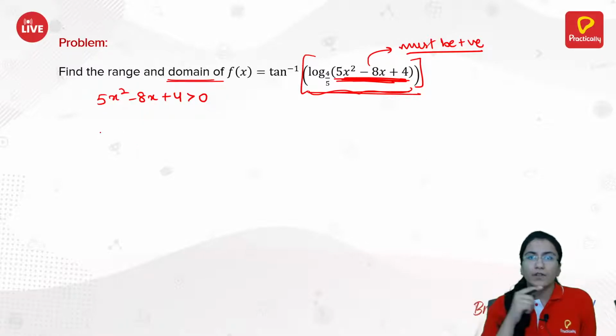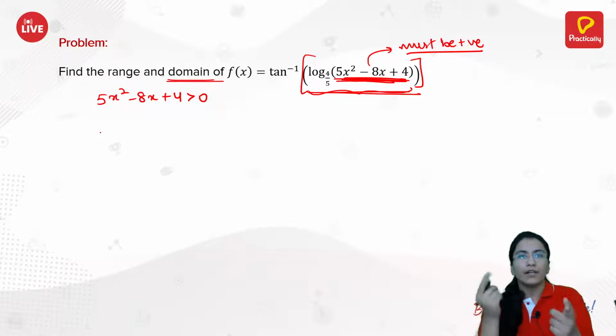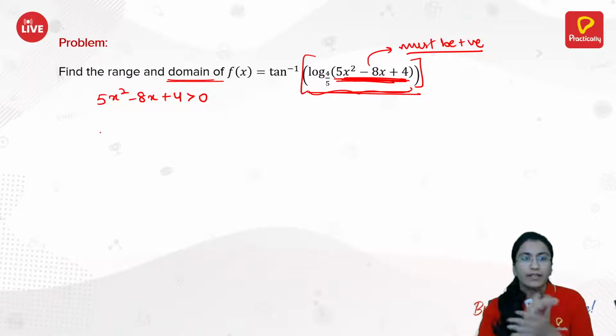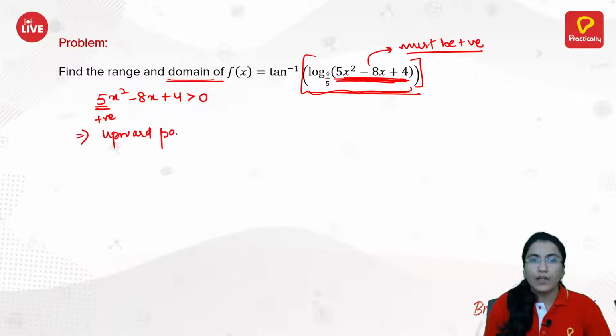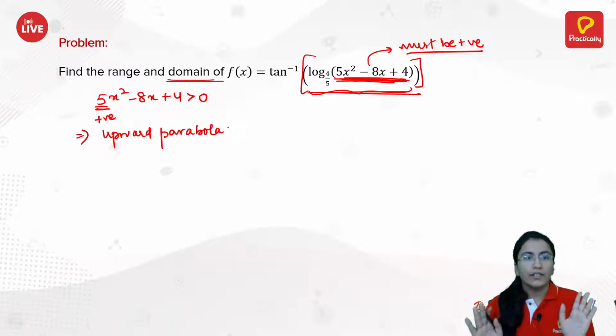If you plot the graph of a quadratic function, it is a parabola, either upward or downward. It is an upward parabola when the coefficient of x square is positive, and downward if the coefficient of x square is negative. Here the coefficient of x square is positive, so you will definitely have an upward parabola.